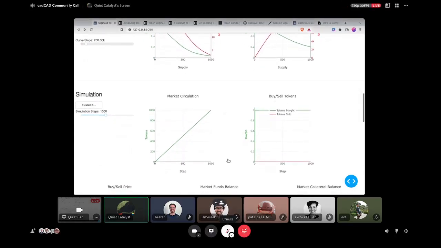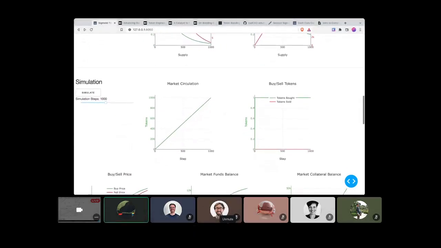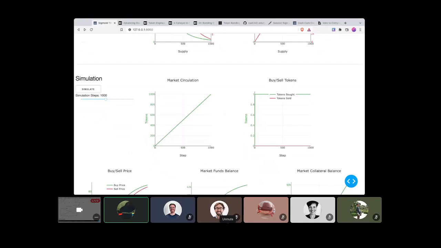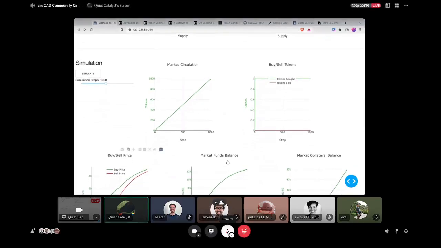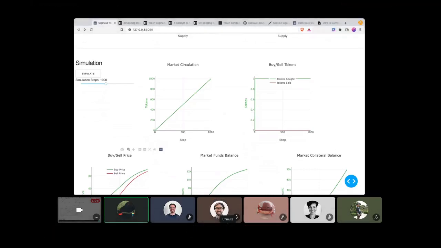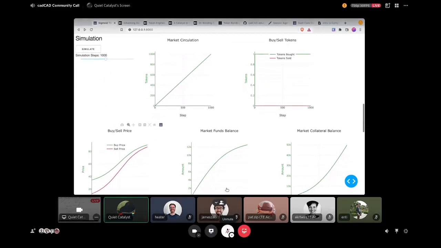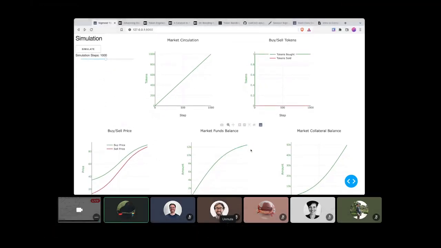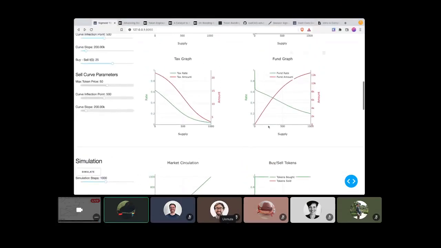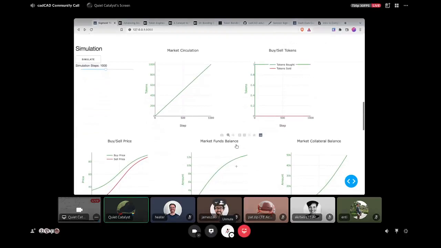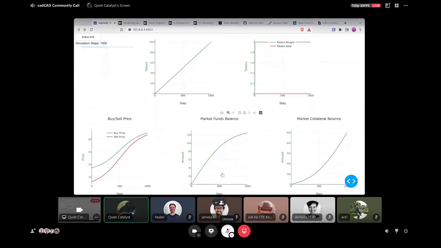And so this simulation runs through cadCAD, and cadCAD is basically managing the interaction between the agent and the market. And then you can see we're getting similar curves here. So if we compare our funds curve with our fund graph up here, so that in red we've got this idealized, in green we've got actual from what happens through our simulation.